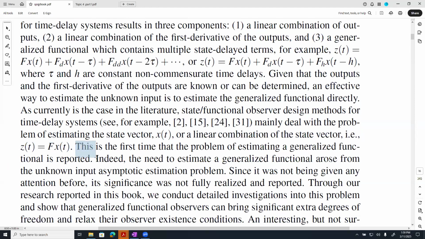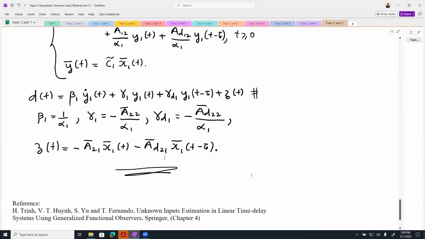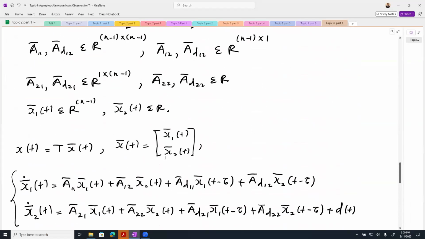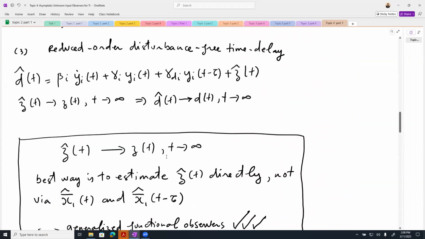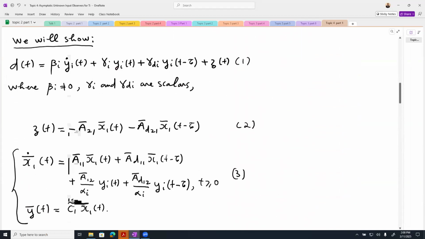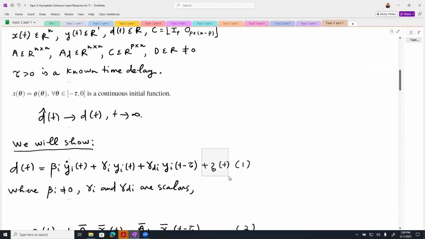Okay. So this is the first time that we show that there is a need for estimating a generalized functional. And this came from the unknown input asymptotic estimation problem. If we don't consider the asymptotic estimation, if we don't consider the decomposition of the unknown input in its entirety, we will never come across this problem.